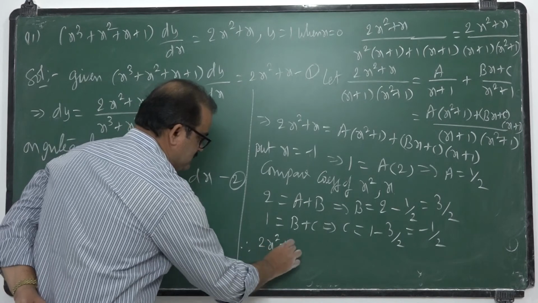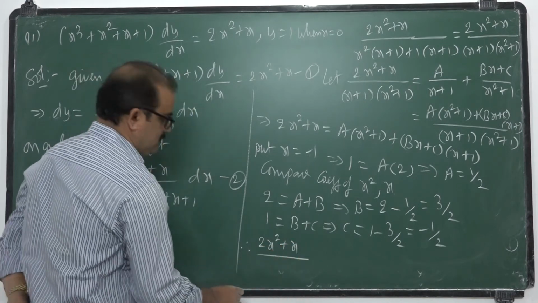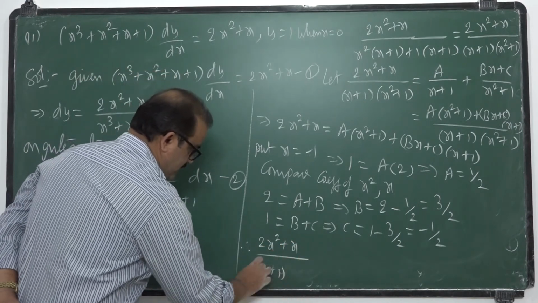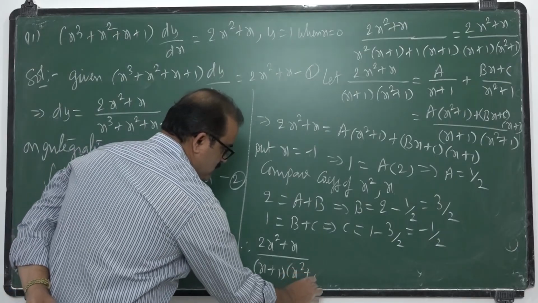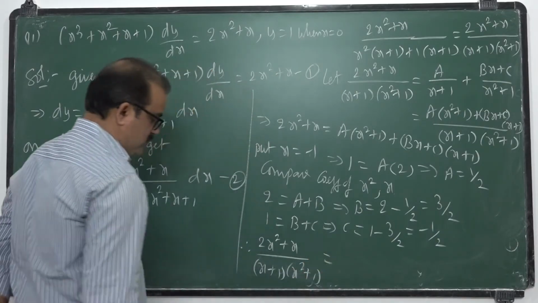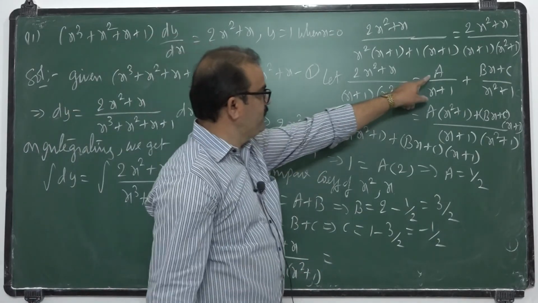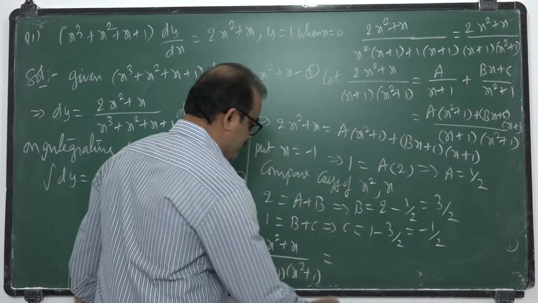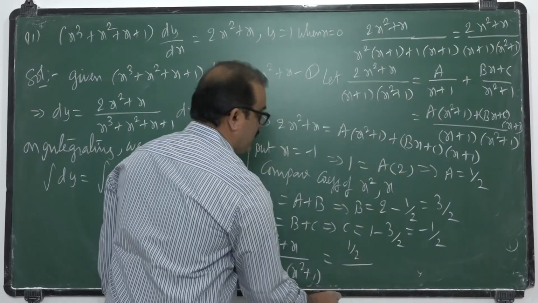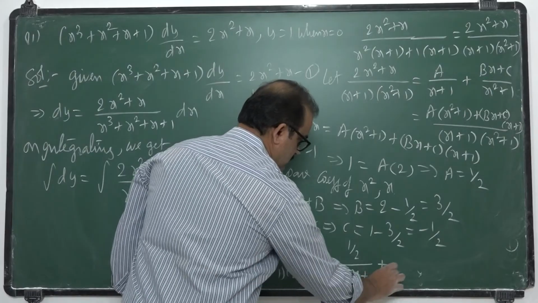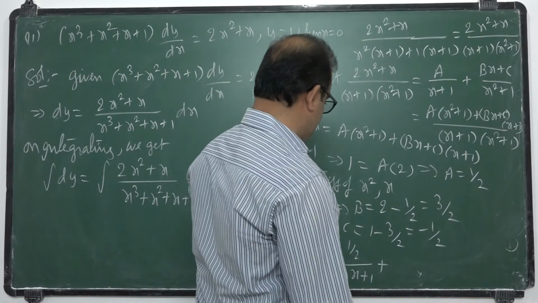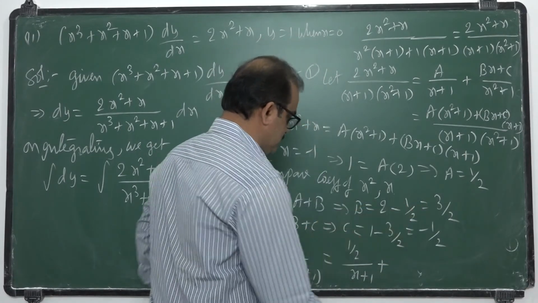Now substitute A, B, C values here. Therefore (2x square plus x) by (x plus 1) into (x square plus 1) is equal to A value, what is A value? 1 by 2 by x plus 1, plus (Bx plus C), what is B value? 3 by 2.